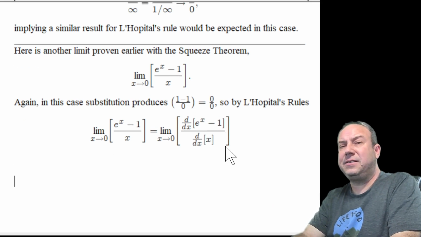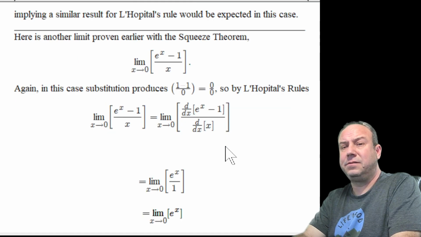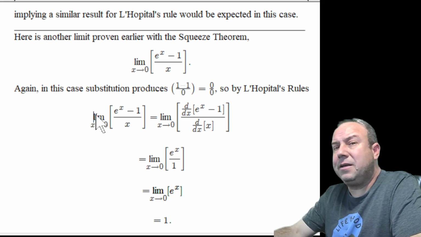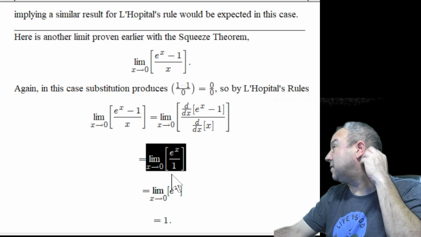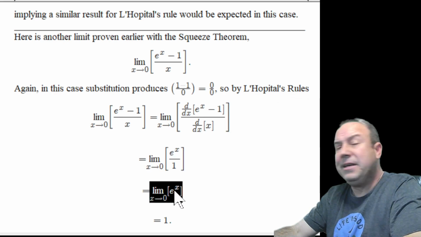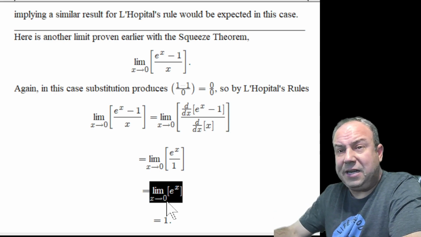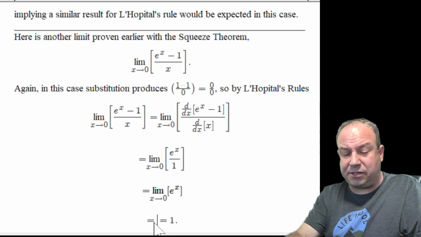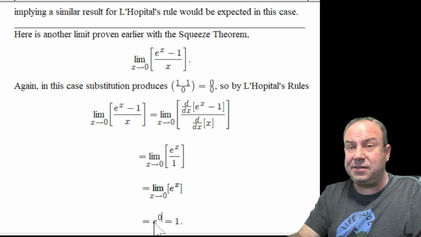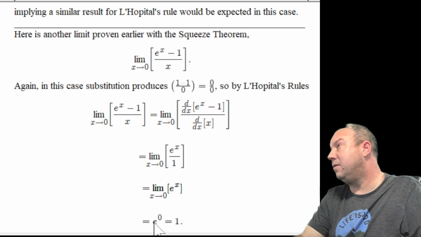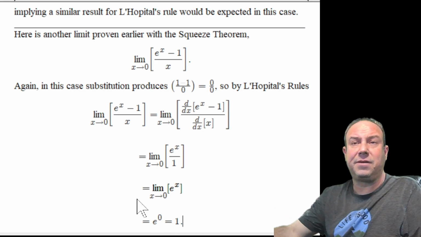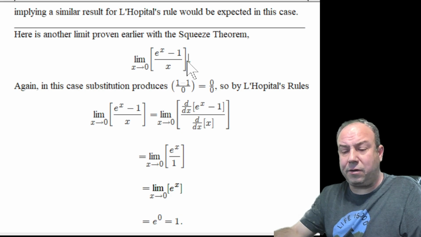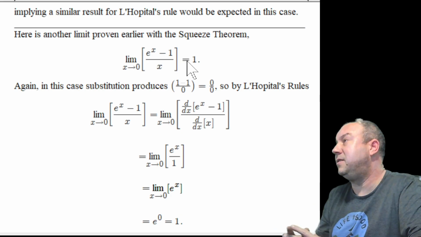So this becomes, through L'Hopital's rule, the limit as x approaches 0 of e to the x divided by 1, which simplifies to the limit as x approaches 0 of e to the x, which through substitution is just e raised to the 0 power, equivalent to 1. This is the result that we proved earlier for this statement using a little squeeze theorem.